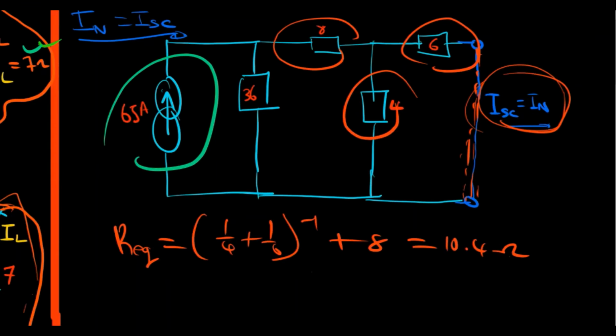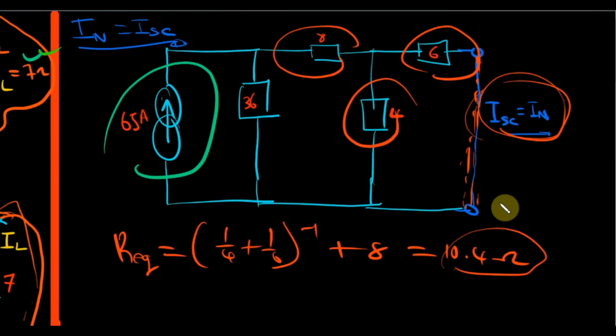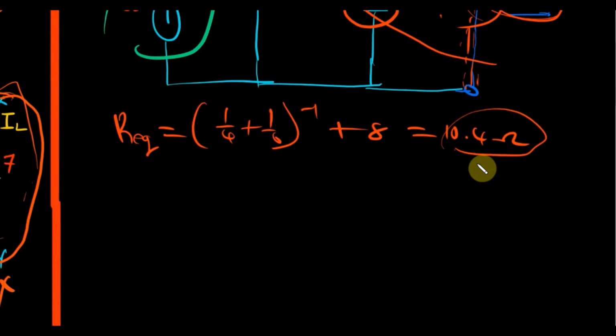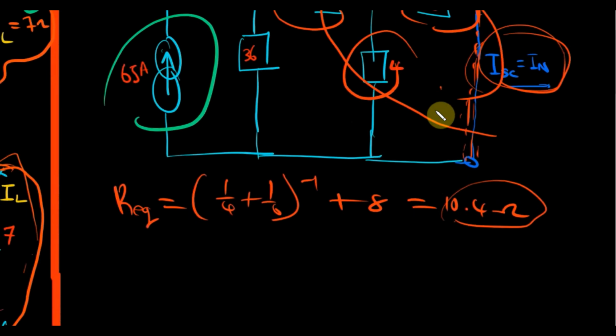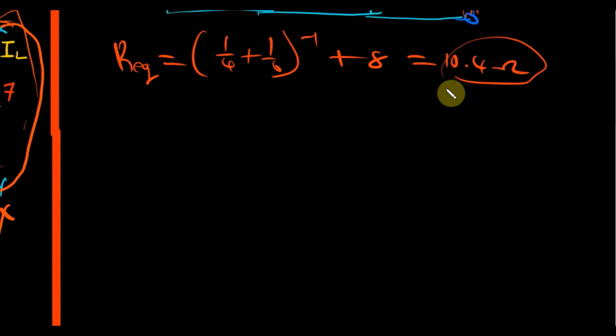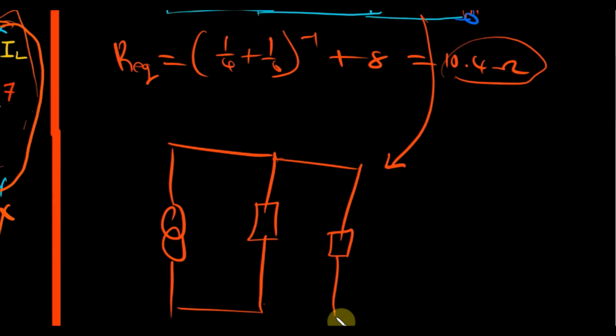So we have this, which is the combination of all this. I can replace all that with a single resistor that is in parallel with the 36 ohm resistor. So we'll have our current source connected to our 36, connected to our equivalent resistor.